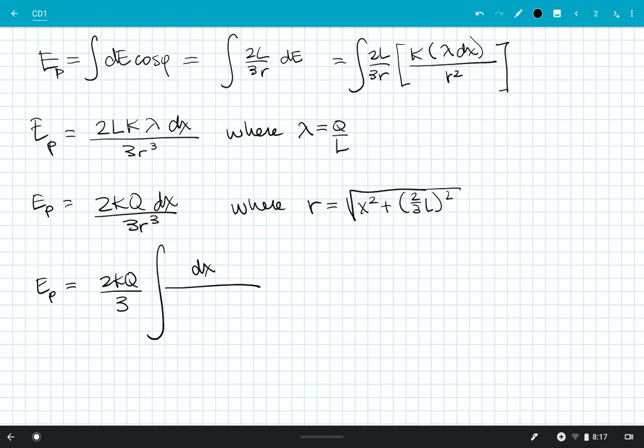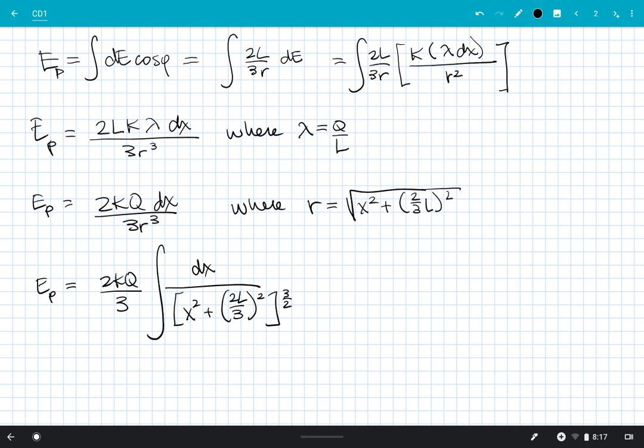That R cubed is going to look like X squared plus 2L over 3 squared, the whole thing to the 3/2 power, because R is cubed and R is to the 1/2 power.